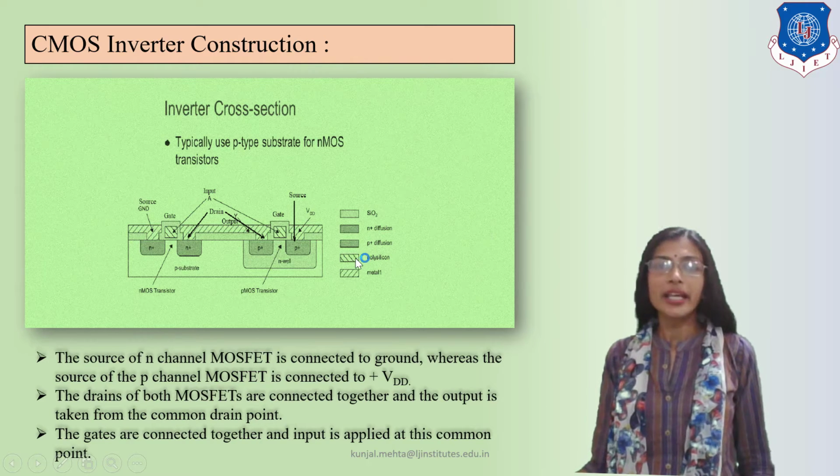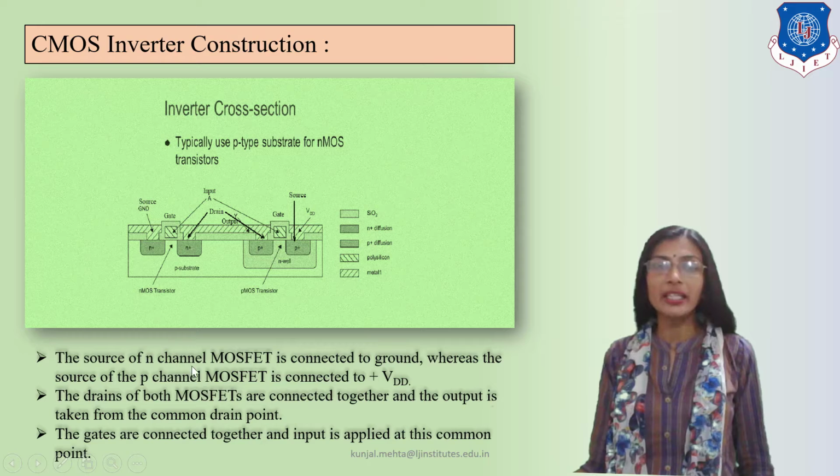And this dashed region is nothing but the polysilicon. And dotted region, that is SiO2 layer. So we have used these main parts in consideration. Always remember that metal contact is there, polysilicon is there, P plus region and N plus diffusion must be there, and SiO2 layer. P substrate is most widely explained and used for NMOS transistor.